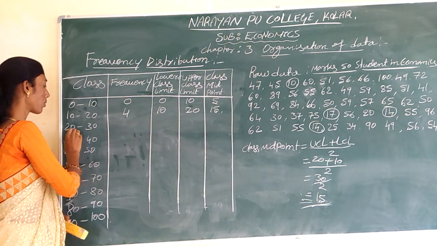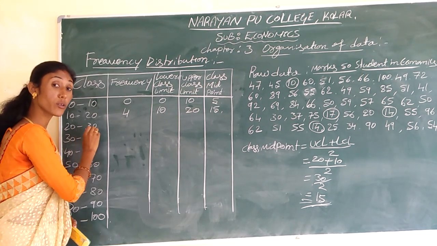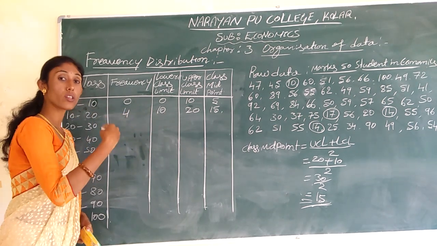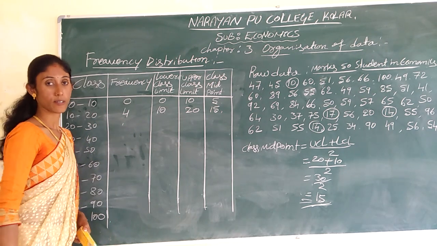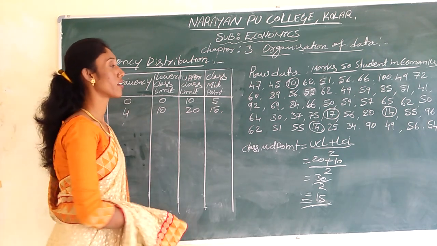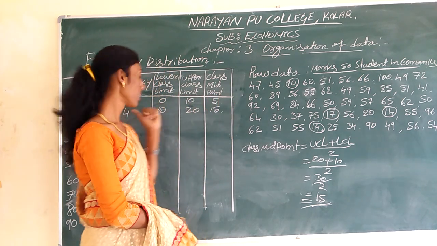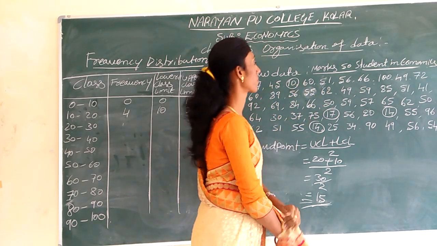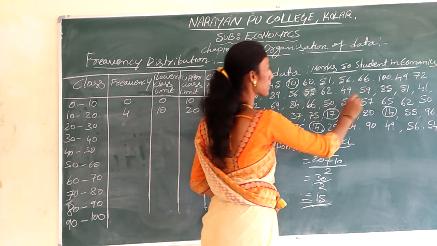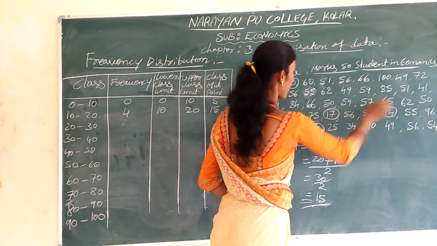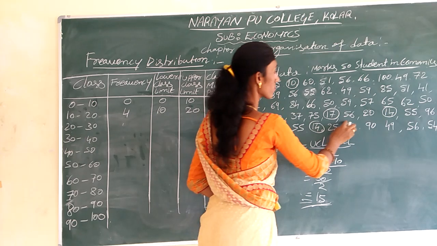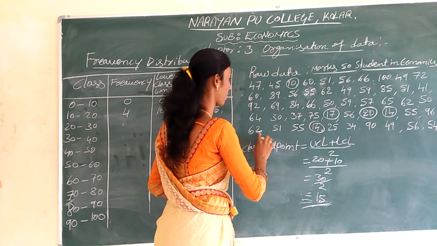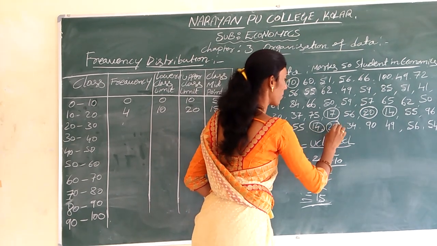And next, one more class, 20 to 30. Here 20 to 30 means the values more than 20 and below 30 will be considered as the class frequency. Now observe this data to know the frequency of the class 20 to 30. Here 20, 25.